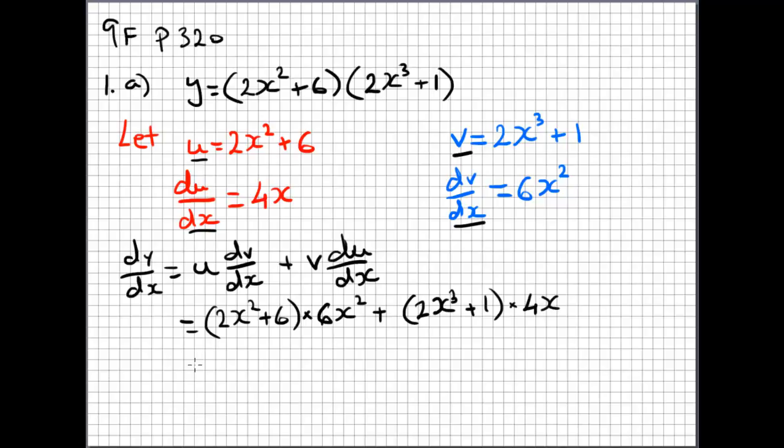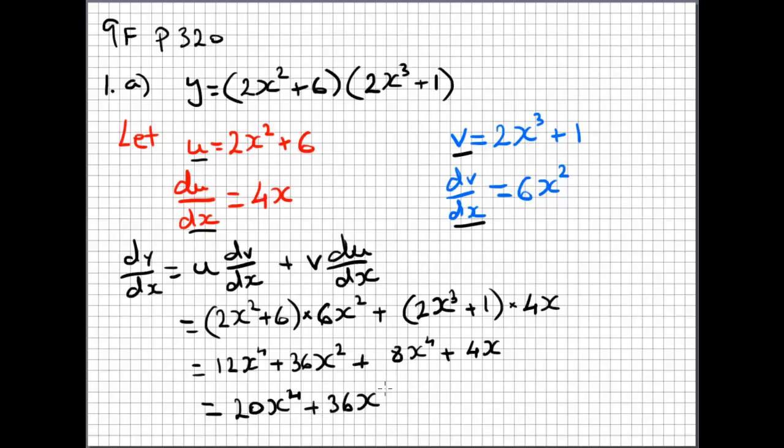And when we solve this, we get 12x to the power 4 plus 36x squared plus 8x to the power 4 plus 4x, and rearranging all this, 12x to the power 4 plus 8x to the power 4 is 20x to the power 4 plus 36x squared plus 4x.